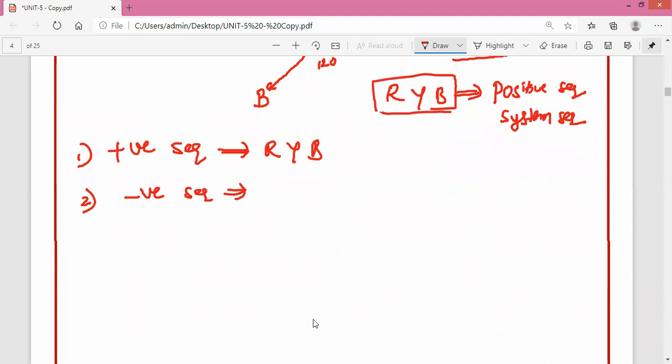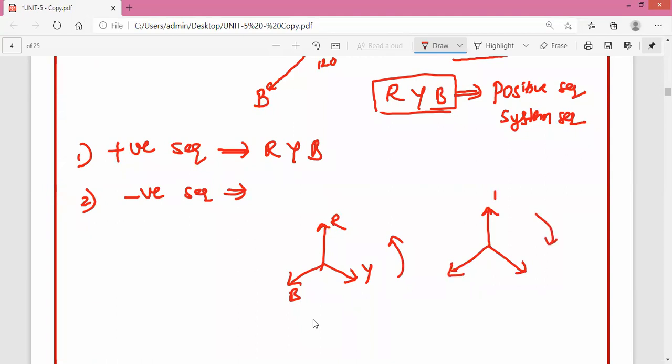Earlier, the positive sequence components were R, Y, B rotating in a counterclockwise direction. Opposite to that means rotating in a clockwise direction. So R, next Y, next B, rotating in a clockwise direction. These sequences are called negative sequence components.